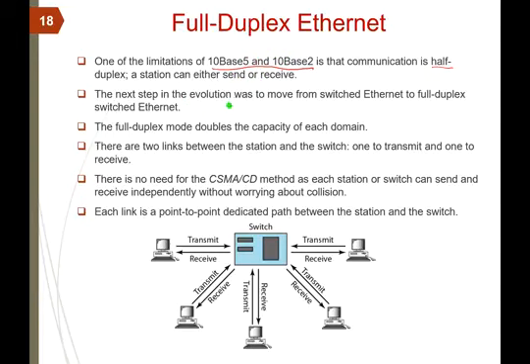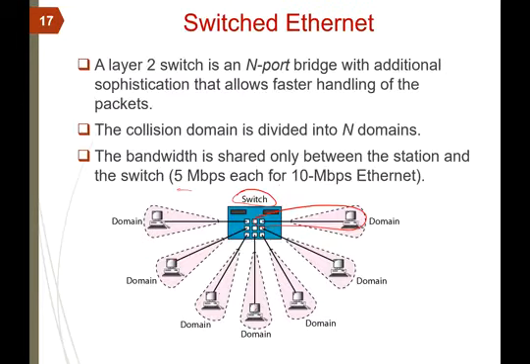The next step in the evolution was to move from switched Ethernet to full duplex switched Ethernet. So this was a switched Ethernet, but you see here it's half duplex. So there are still collision domains, okay? Half duplex, because you cannot send and receive at the same time, because you have this port also.